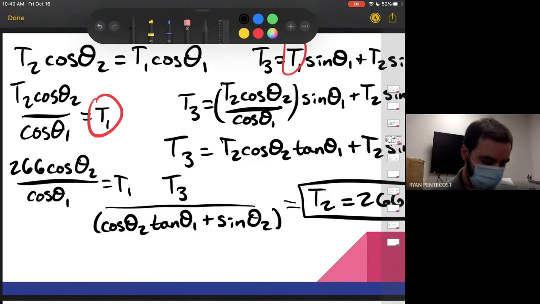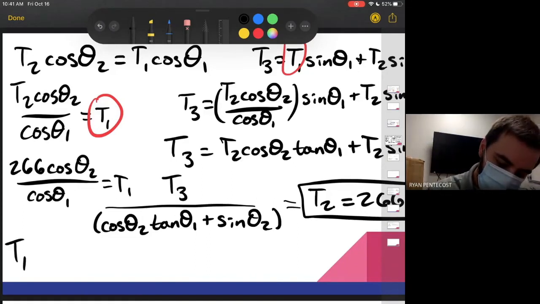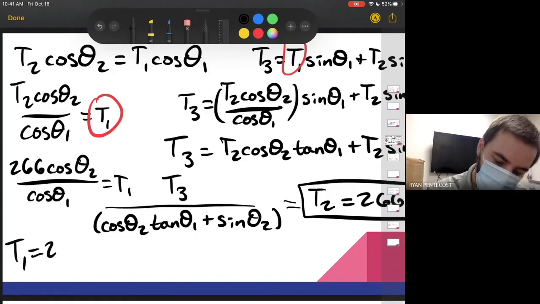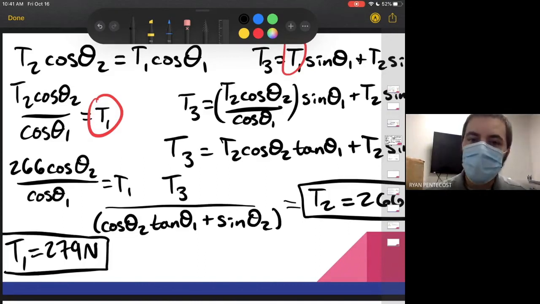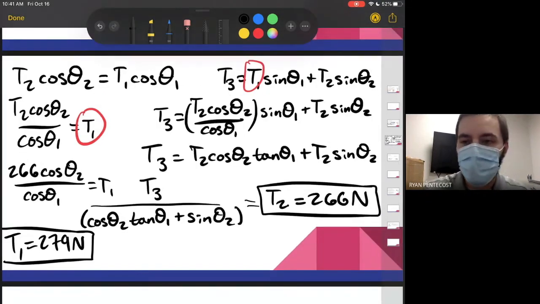So 266 cosine 18 divided by cosine 25, you get 279. So T1 equals 279 newtons. So that is the X and Y method of solving this problem.